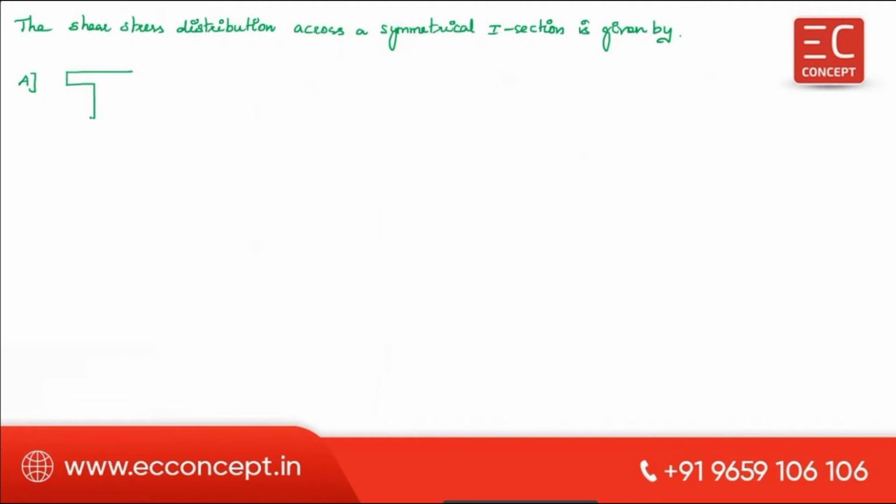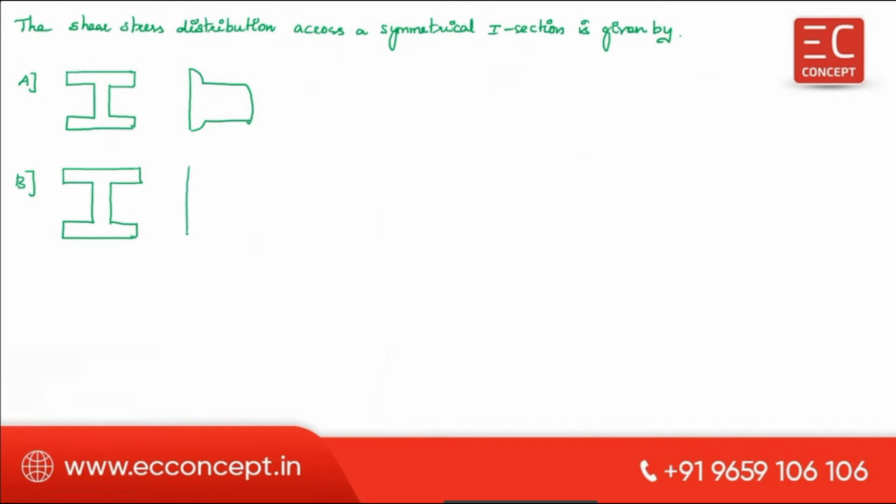There was an I section. Option B. Option C and option D. So first of all, we have to draw the first option, and for the second case, this is the option which is given. This is the first one.